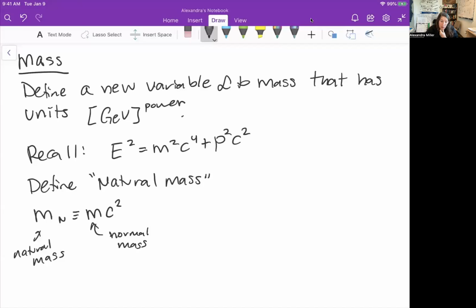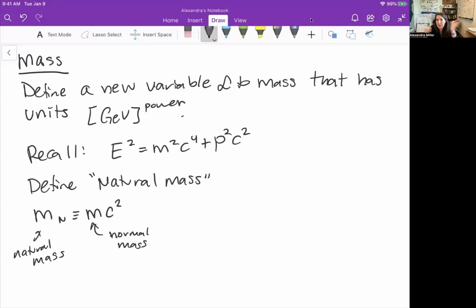Notice this is something which is mass times speed squared. So if you remember your kinetic energy, which is 1/2 mv squared, units of energy are mass times a speed squared. And so this has units of energy, so that's good.